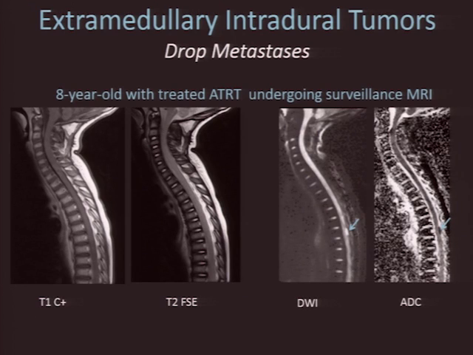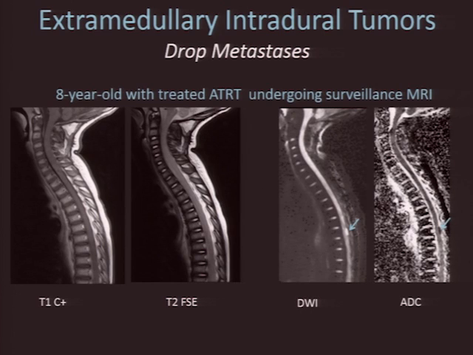So this is an example, and some of you may have seen this. We did publish this. And this is a case that really convinced our oncologists to embrace spine diffusion. It's an 8-year-old with treated ATRT that was undergoing surveillance MRI. And the T1 and T2 weighted imaging, stone cold normal.